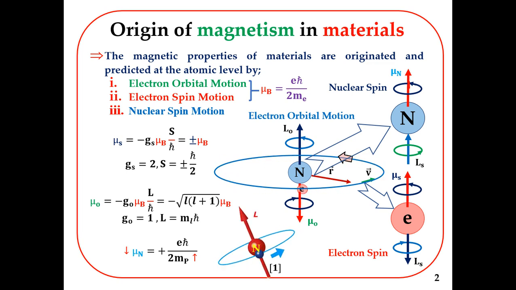Nuclear spin motion is also present within the atom, but it is ignorable as the magnetic moment is inversely proportional to the mass, and the mass of the nucleus is very high. So that is why its nuclear magnetic moment is negligible.